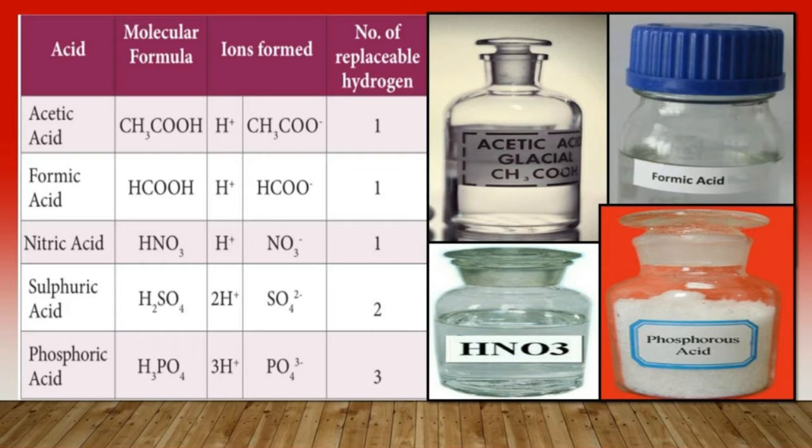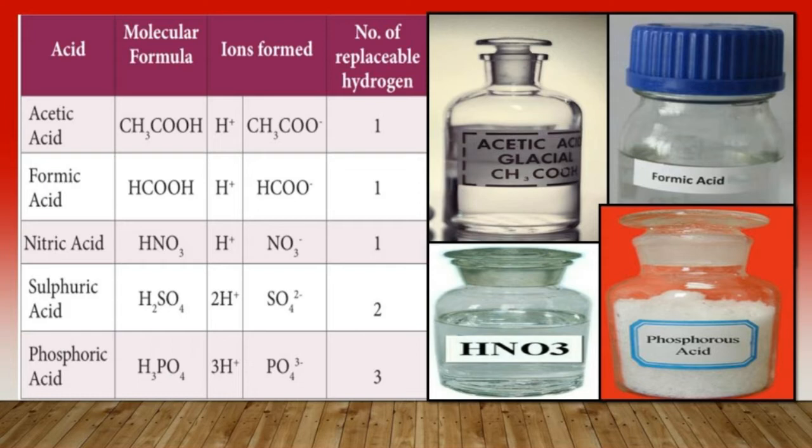Formic acid, molecular formula HCOOH, also consists of one hydrogen ion, so the replaceable hydrogen is also 1. Nitric acid, HNO3, consists of one hydrogen ion, so the replaceable hydrogen is also 1.